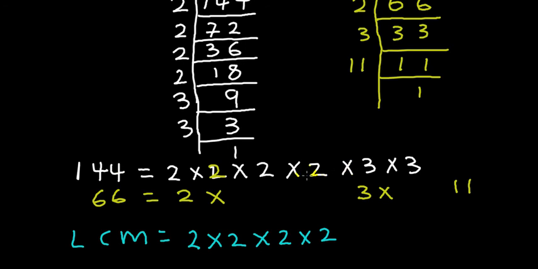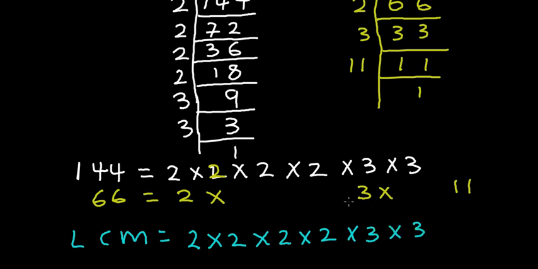Okay, so then you go to the next factor. The next factor is 3. In 144 we have 3 appearing 2 times, while in 66 we have it just 1. Okay, so we go for the highest, the 3 appearing 2 times. So we'll bring that down, times 3 times 3.